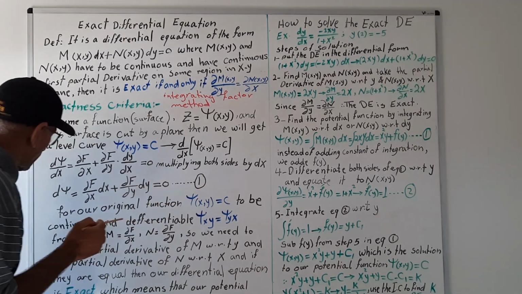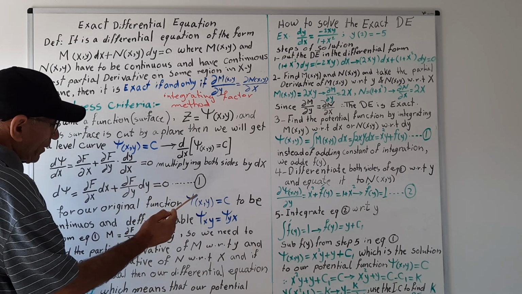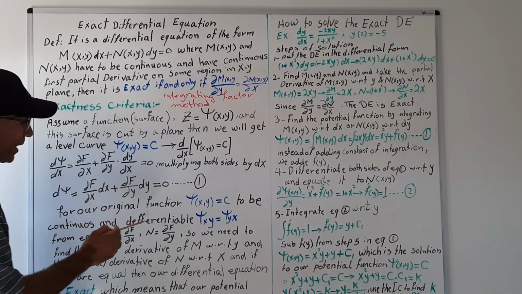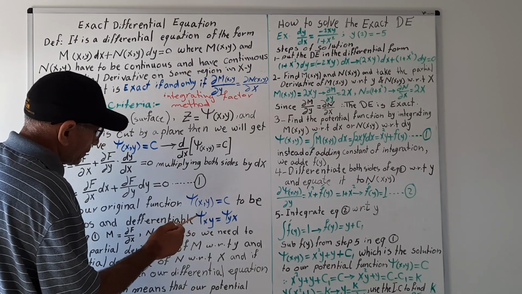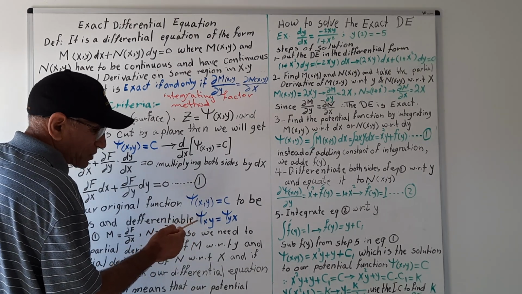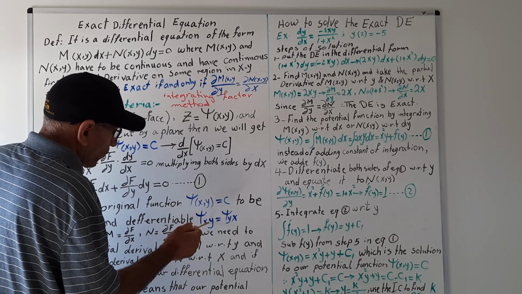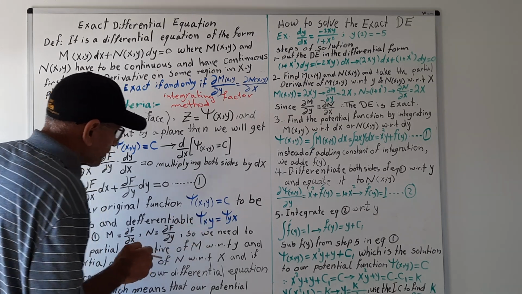This is equation 1. For our original function psi of x and y equals c to be continuous and differentiable, we should have the mixed partial of x and y equal the partial of y and x.